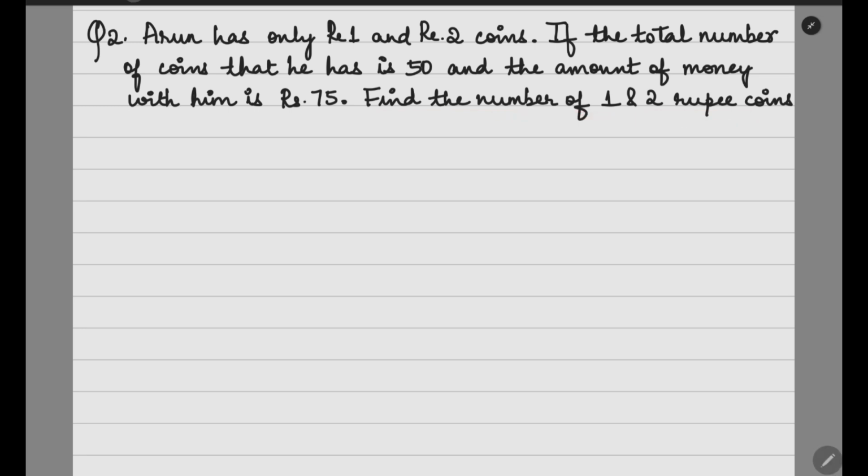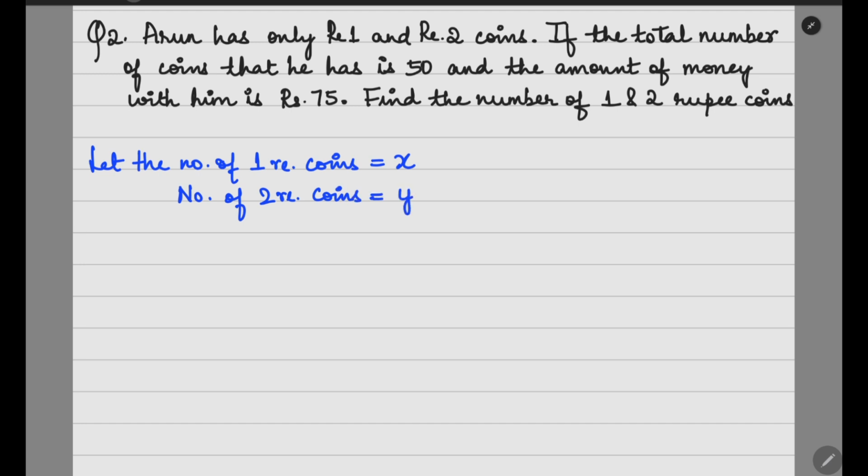So let me take the number of 1 rupee coins be X, and the number of 2 rupee coins that Arun has, let it be Y. What is the first thing that is given?